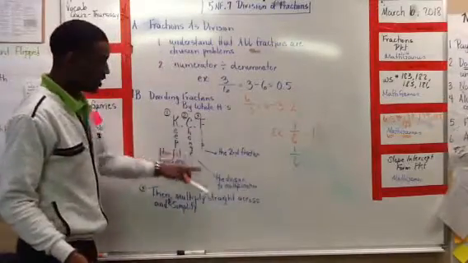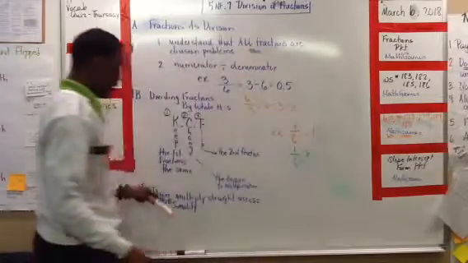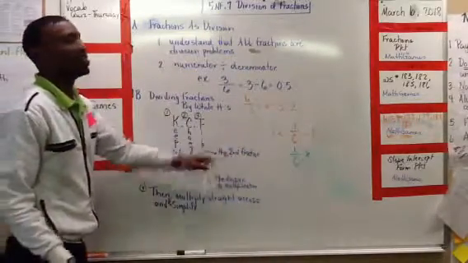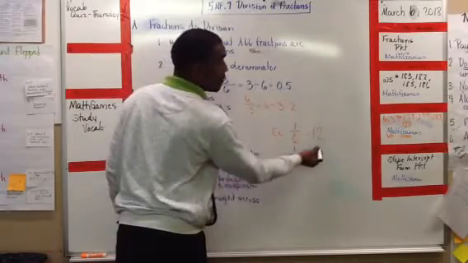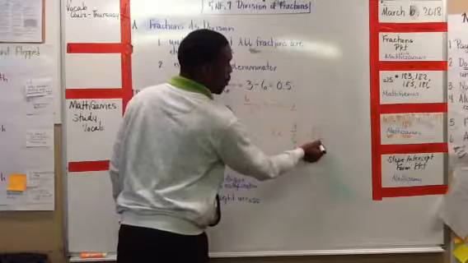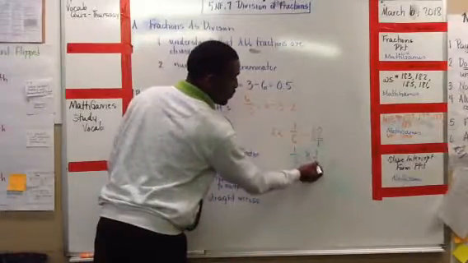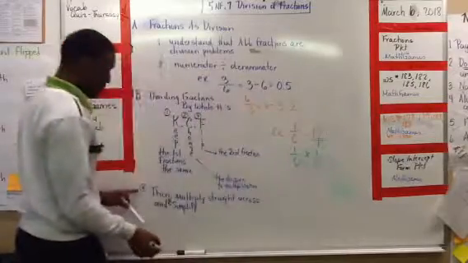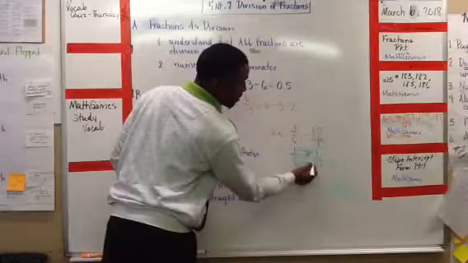Step 2, change the division to multiplication. Step 3, flip the second fraction. Again, it's not a fraction yet, it's still a whole number. You need to first make this whole number a fraction by adding a fraction bar and a 1 in the denominator. Now I can flip it. The reciprocal of 12/1 is 1/12. Step 4 is multiply straight across. We're used to this. This is the way we've been multiplying fractions.